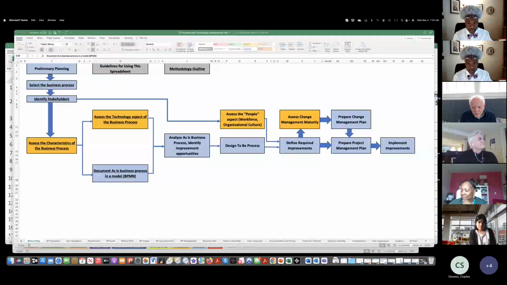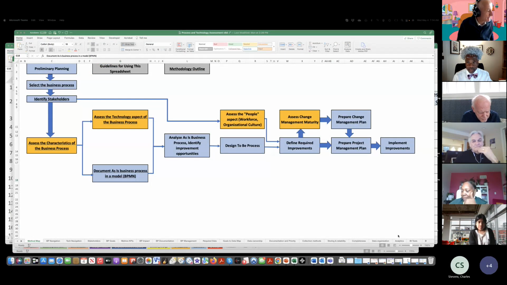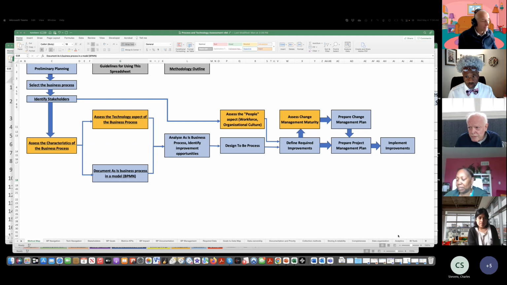Start with this. Let me know when you see the screen. Okay, good. This is just a little bit broader map that shows how a utility might go about doing these assessments and then doing work activities.